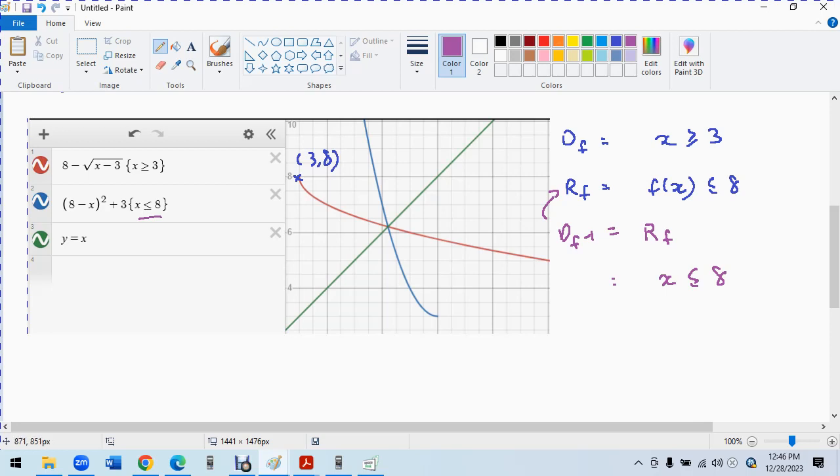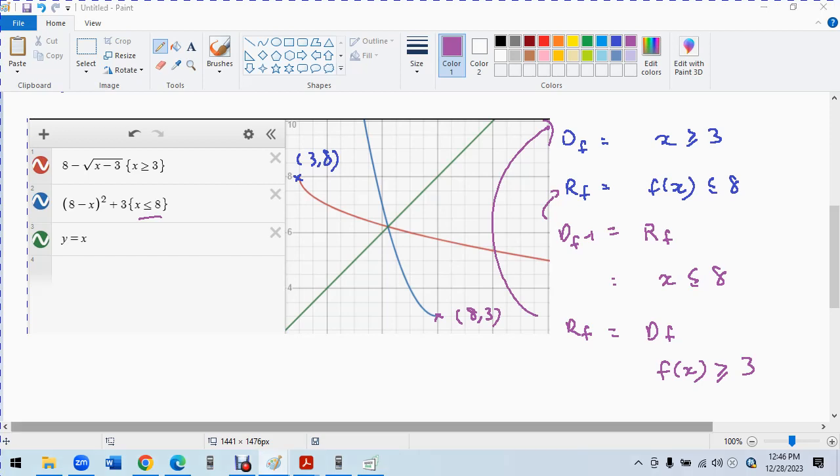And the range of f inverse is equal to the domain of f, so f inverse of x is greater than or equal to 3. So this is f inverse.